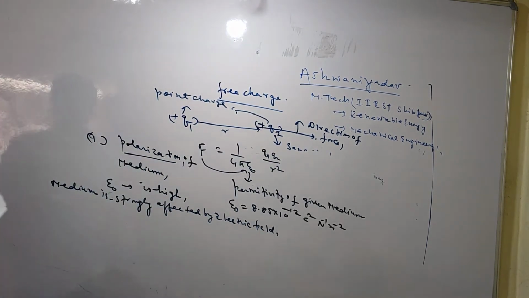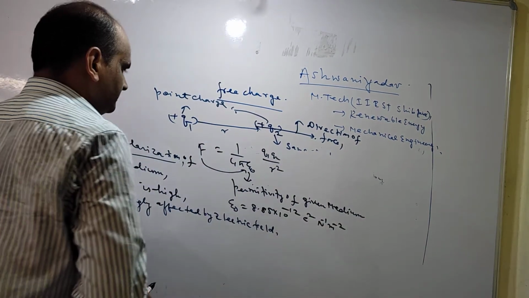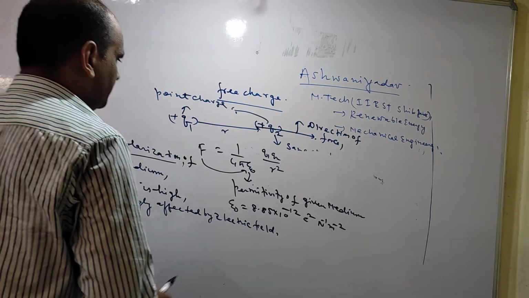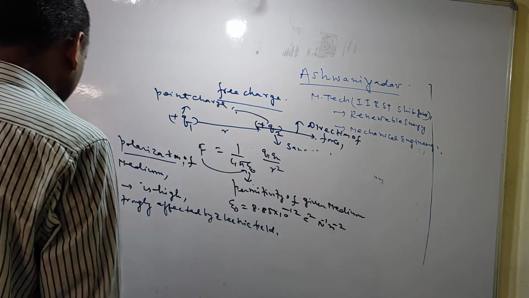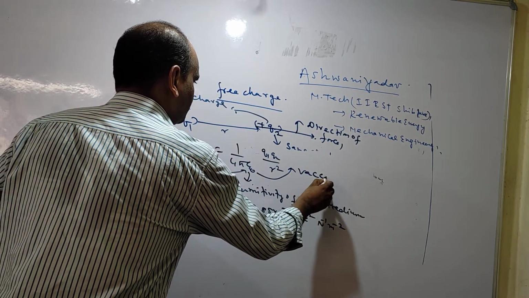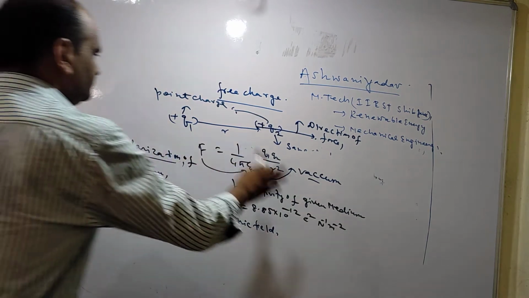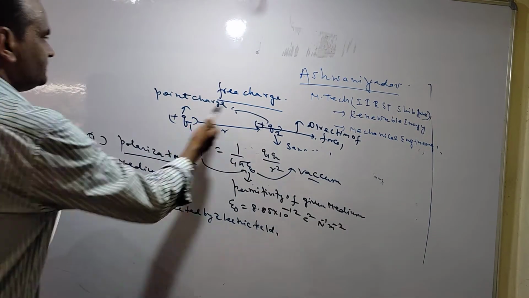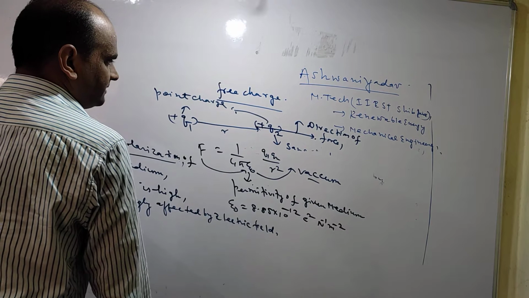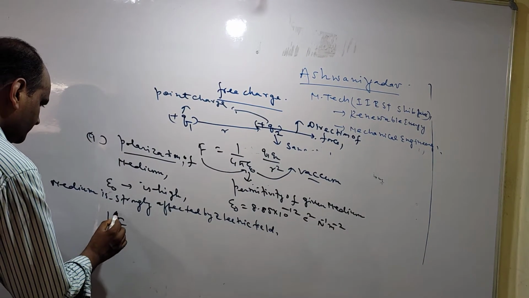So this force is really modified if you change the medium. Suppose this is kept in a vacuum and this is epsilon naught. But what happens when you keep these two point charges in a medium rather than vacuum? Then we have a modified force.